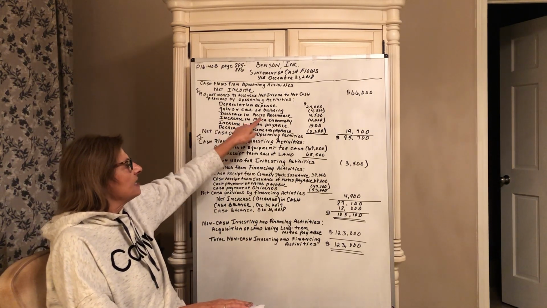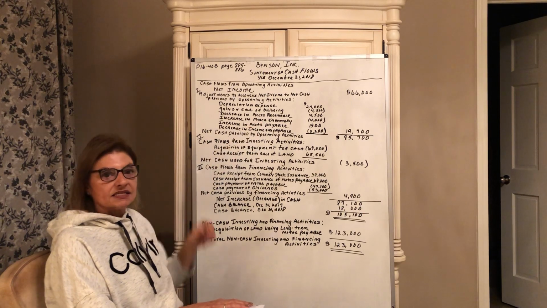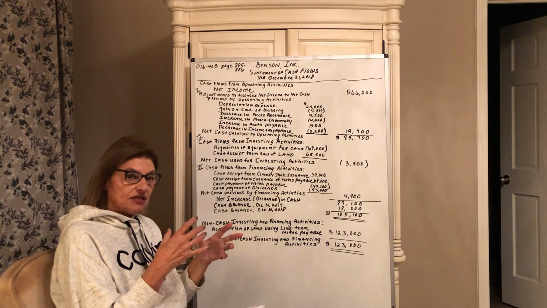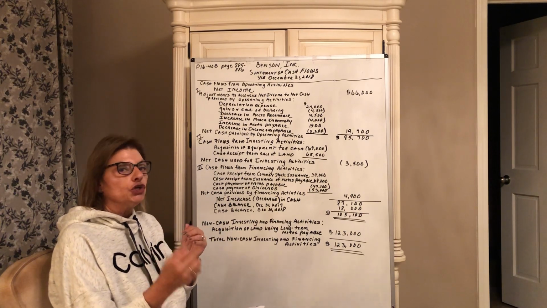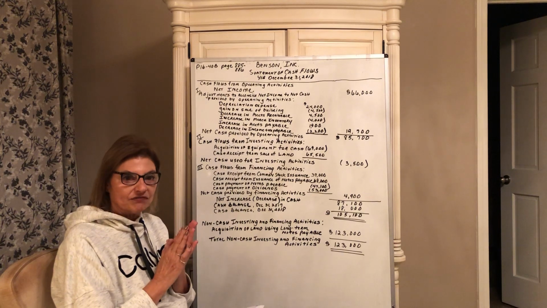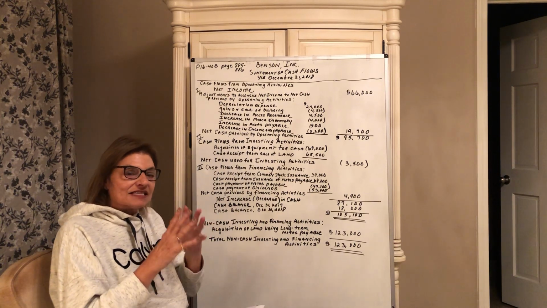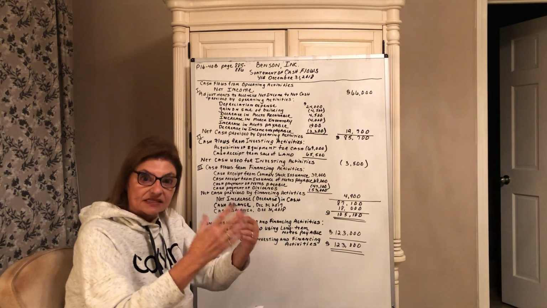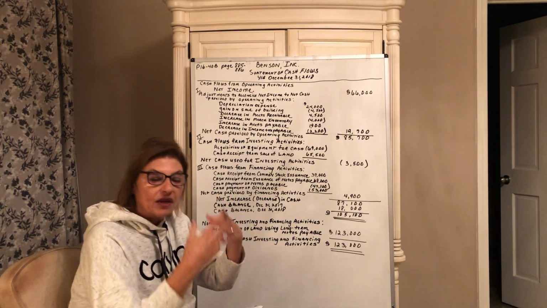These are current assets, accounts receivable and merchandise inventory. If you have an increase or a decrease in current assets, you're going to do the opposite thing to cash. They move in opposite directions. As current assets go up, money goes down. Makes sense, right? More money went out.